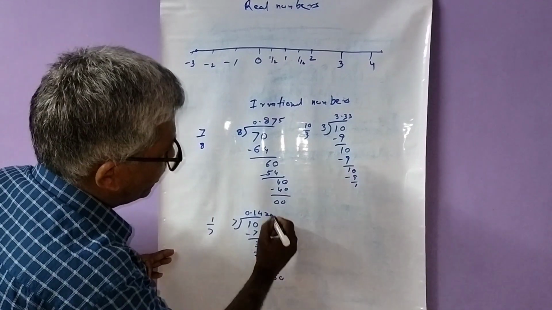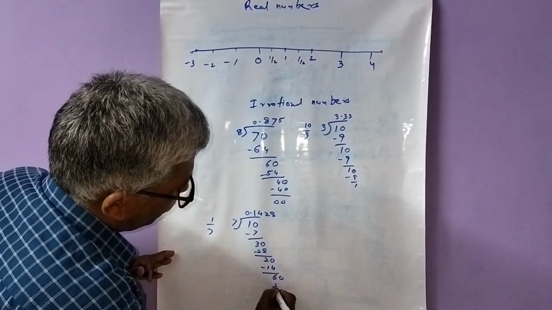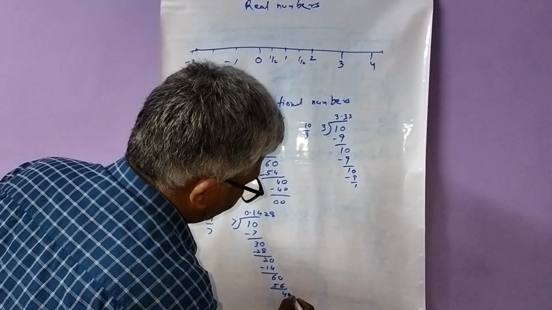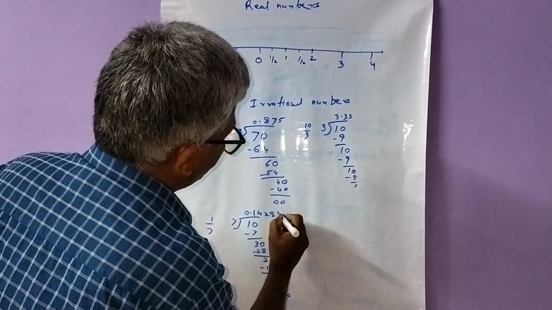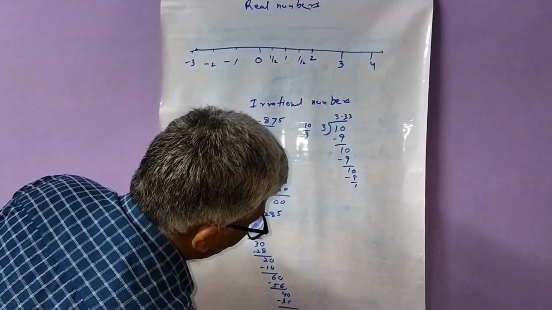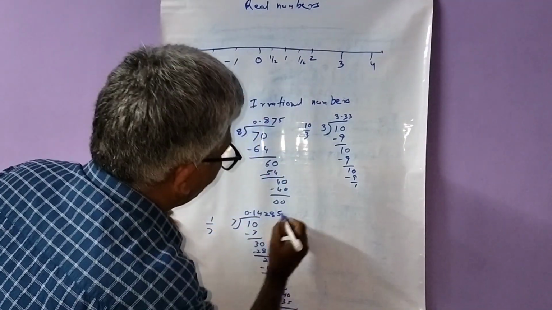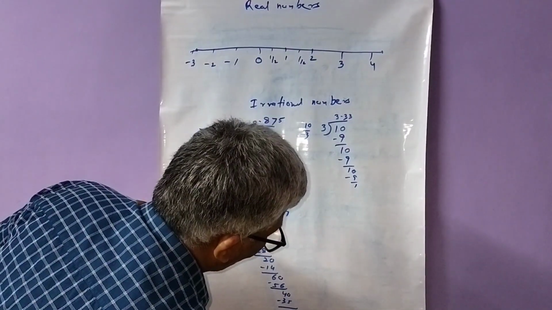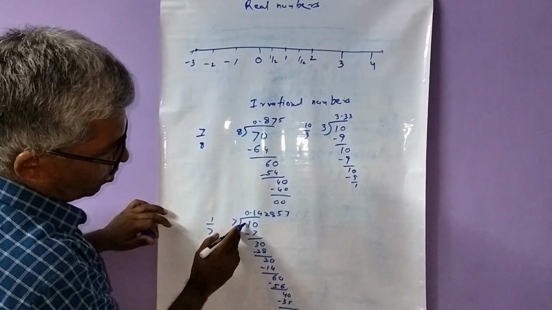Now 7 8s are 56, gives you 4 here. 7 5s are 35, gives you 5 here. And 7 7s are 49, gives you 1 here, same as the original one.